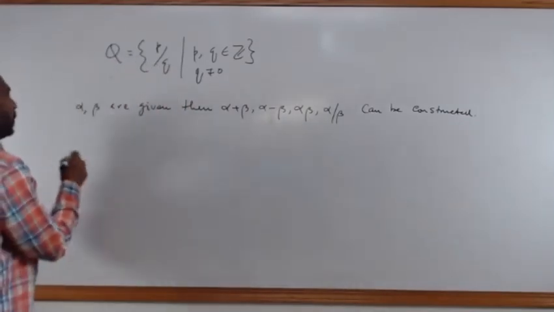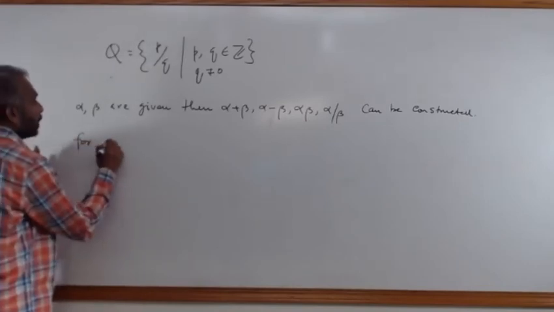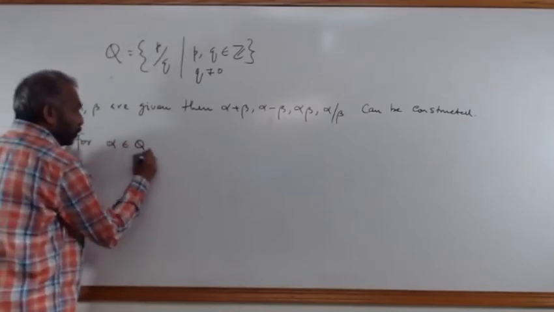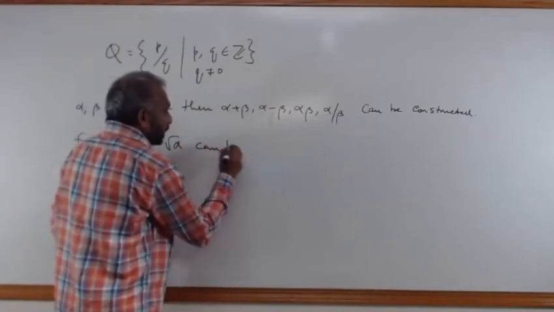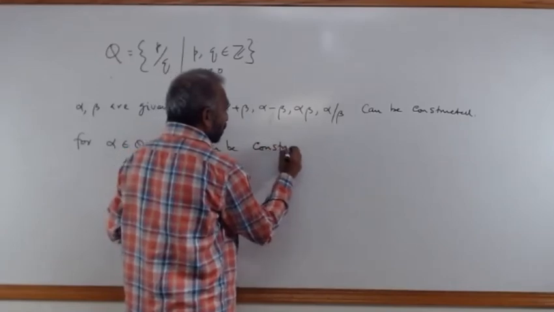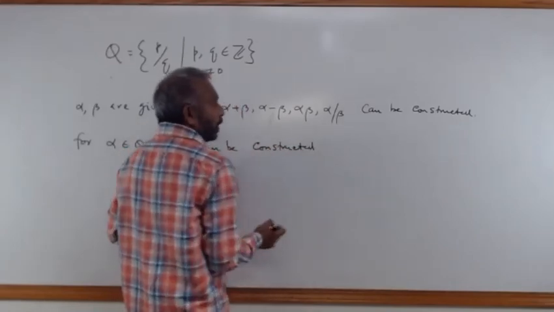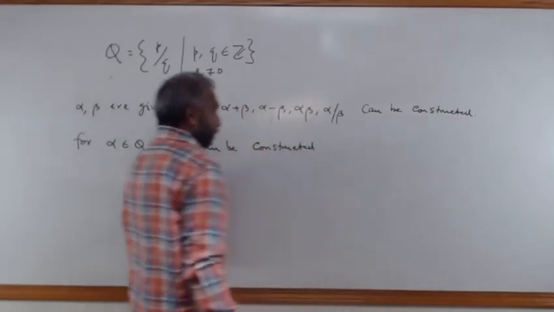Then we know that for alpha belongs to Q, root alpha can be constructed. How? By drawing the proper circle and a line.